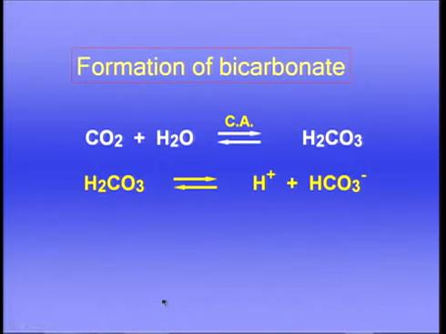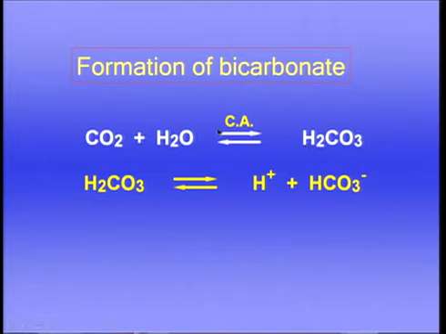Let's look at the very important subject of the formation of bicarbonate. When carbon dioxide is added to water, it forms carbonic acid. Now, under normal conditions, this is a very slow reaction. But in the red cell, there is an enzyme called carbonic anhydrase, which enormously accelerates this reaction.